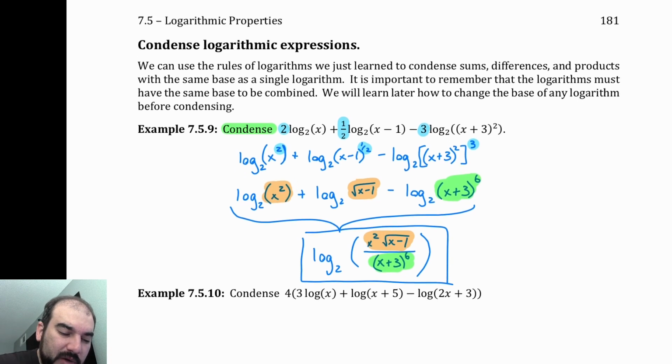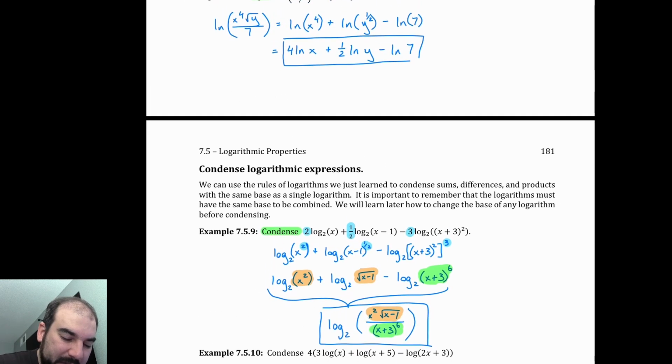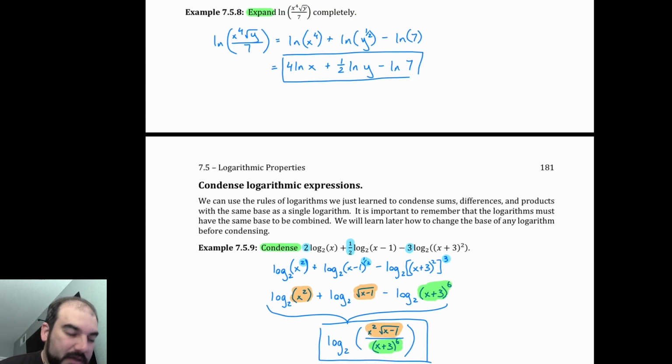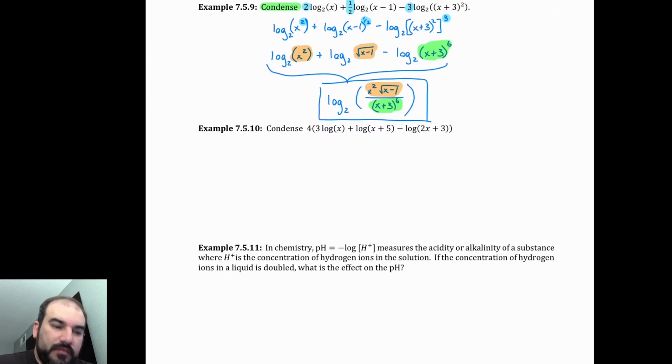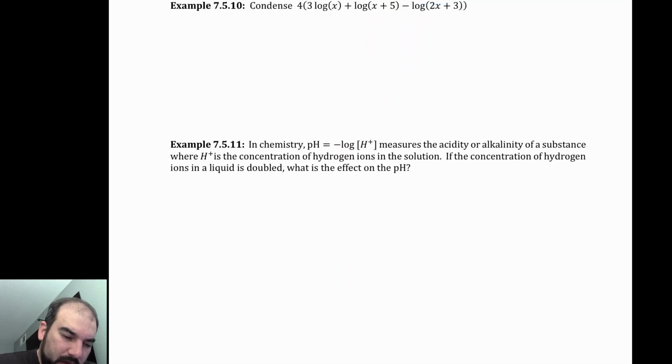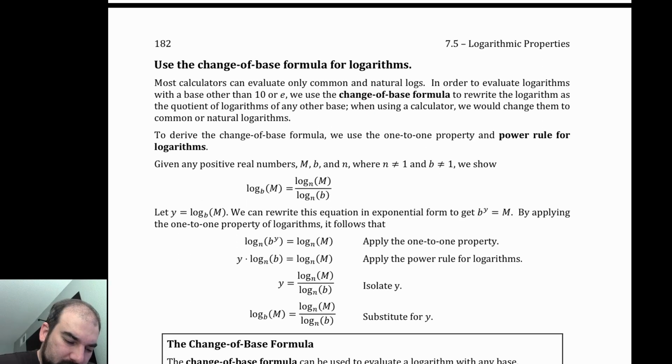Okay, are there any questions on expanding or condensing these expressions? Okay, you guys can attempt the rest of those.